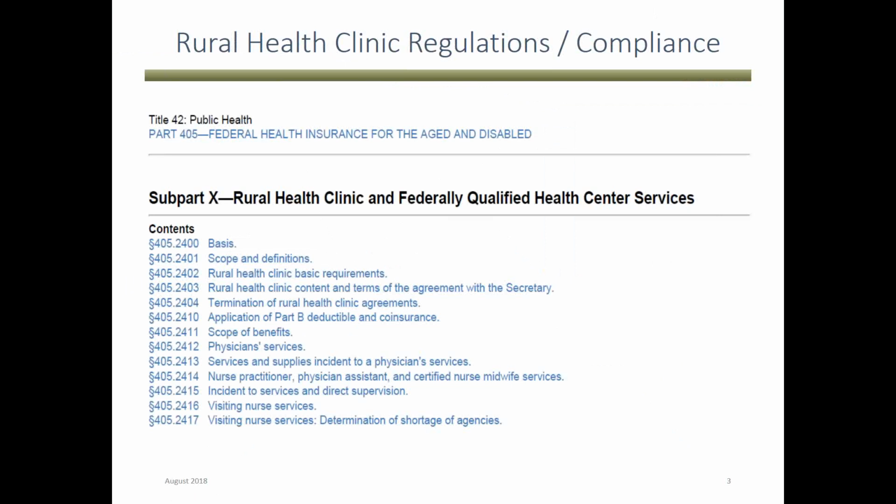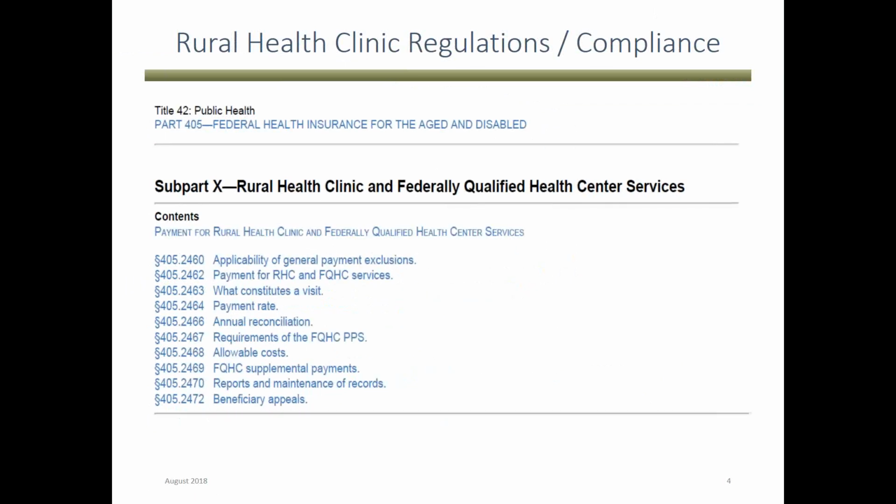What you have before you there is Part 405 of Title 42, and these define many aspects of RHC operations. So you see them there: the basis, scope, and definitions, requirements, how to become part of the program and enroll in Medicare, the scope of benefits, and again, these are in general terms, and different types of services.